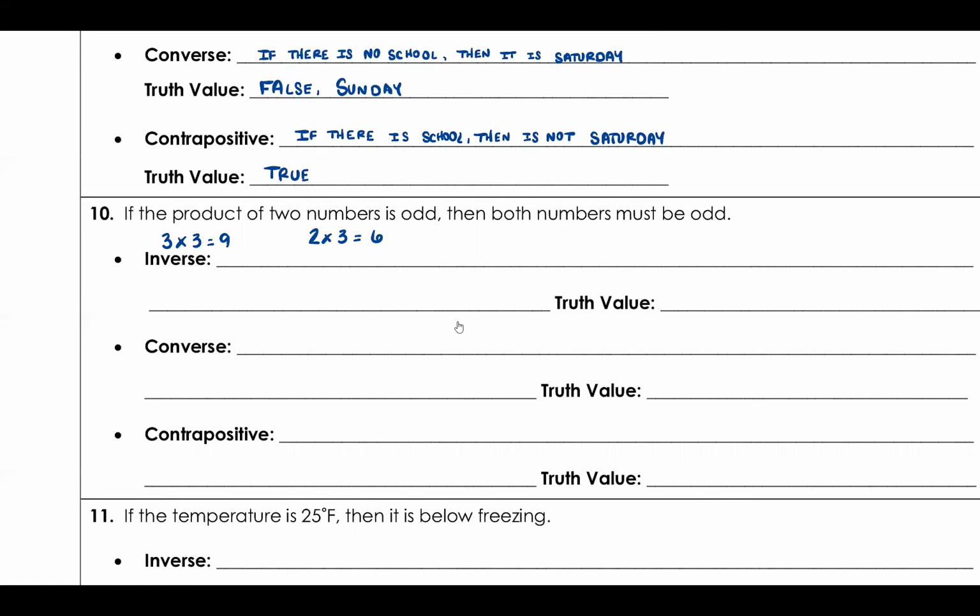But what about 21? 21's an odd product. How do we get there? 7 times 3? Are both of my numbers that were multiplied odd? Yeah. Anybody else want to try one? 19 and, well, 19 is not a product.